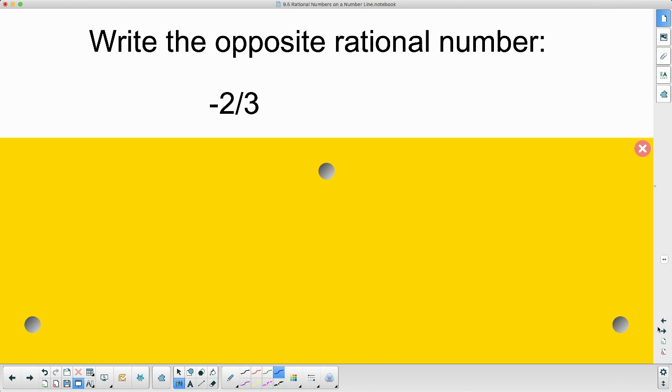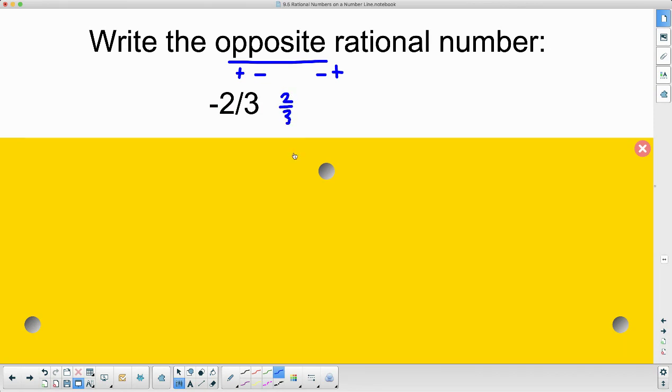The last part of our lesson today is to identify opposite rational numbers. Remember, when we are doing opposites, if it's positive, we make it negative, and if it's negative, we make it positive. So the opposite of negative 2/3 is just 2/3.